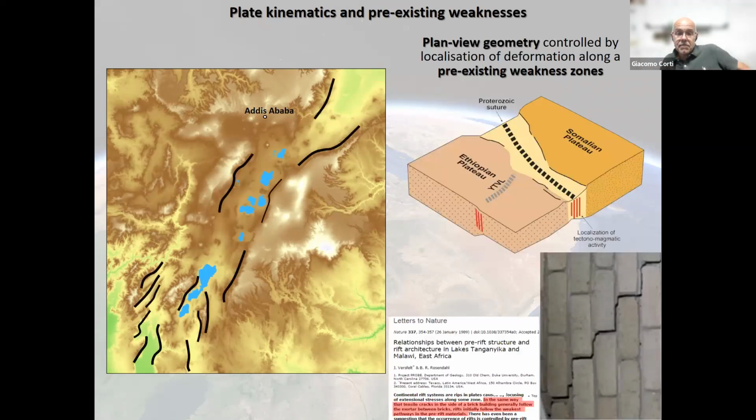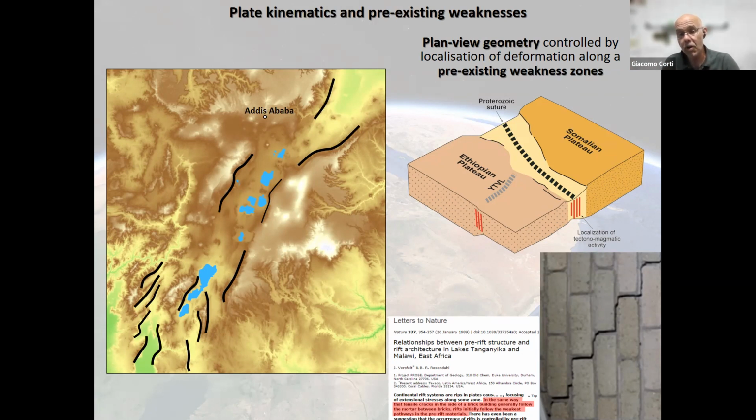And the deformation in this area was localized and significantly controlled by the presence of a pre-existing weakness zone, a Proterozoic suture separating the lithosphere beneath the Ethiopian and the Somalian plateau. So we had these two strong blocks beneath the Somalian and Ethiopian plateaus and a weak zone in between.